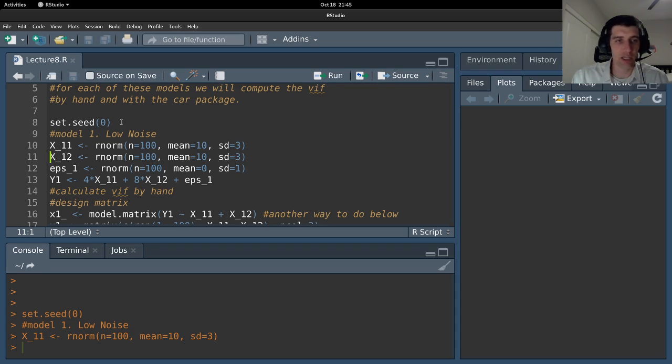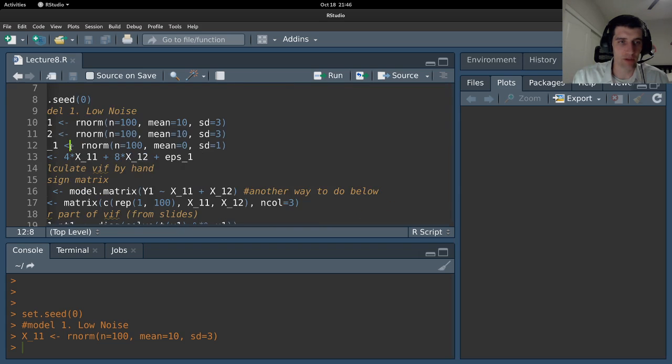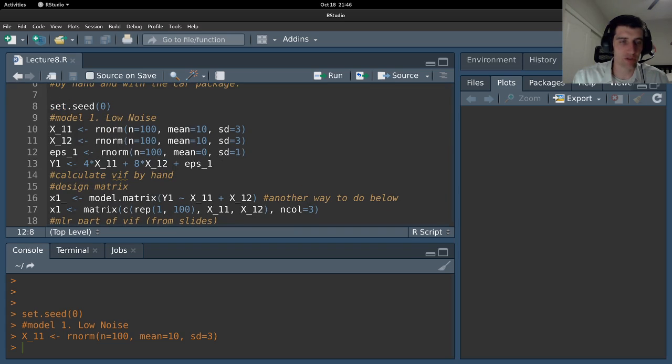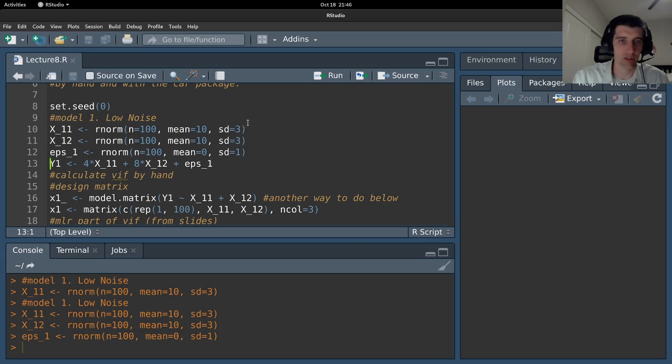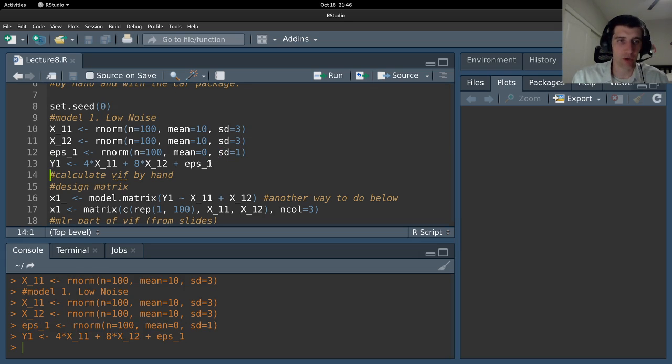So what I do here is generate x's: the first model's first x, the first model's second x, that's my naming convention. Then I generate the epsilon according to the expression that I had on the slides. So this is variance 1, and then I generate y according to that relationship, where the true beta 1 and the true beta 2 are 4 and 8 respectively.